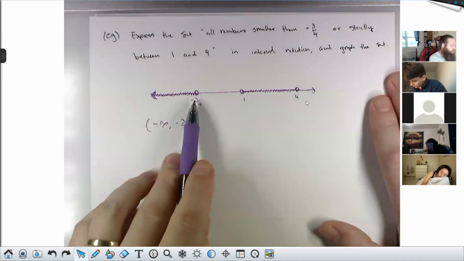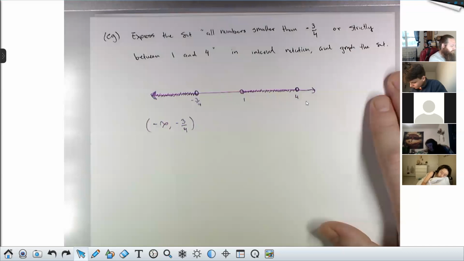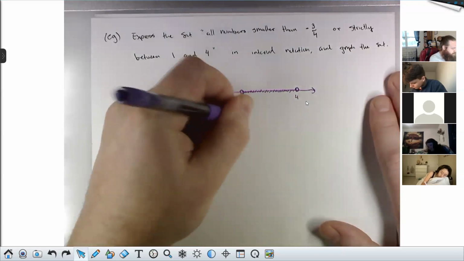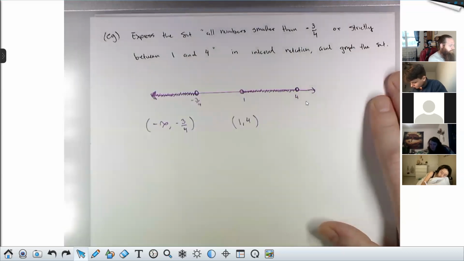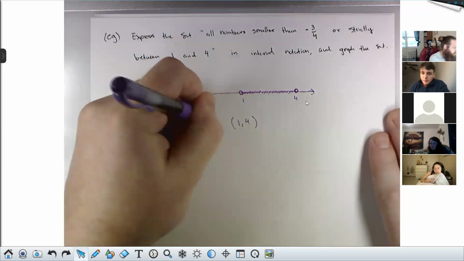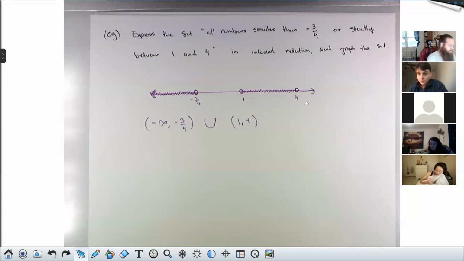And since -3/4 itself is not in this set, we'll use an open parentheses there. And over here, I have the open interval from 1 to 4. And the way you join these things together, say I'm going to consider one set that has all of this stuff in it, is to put this big U between them, which stands for union.